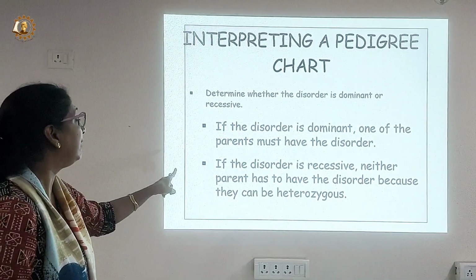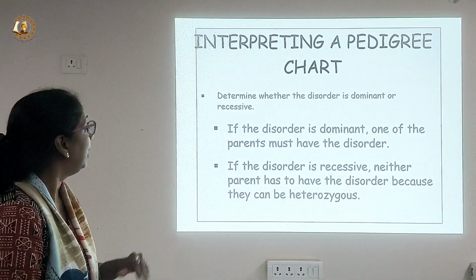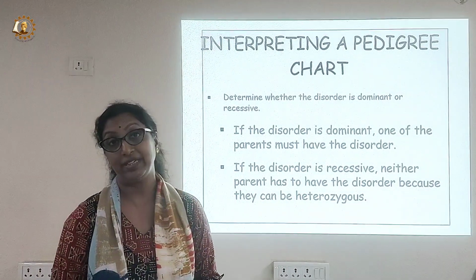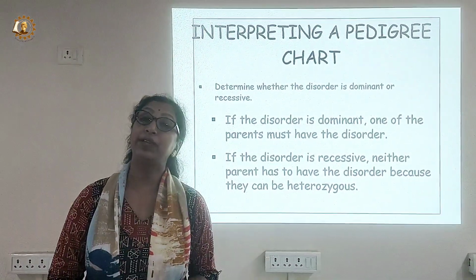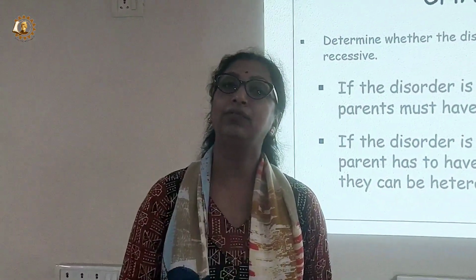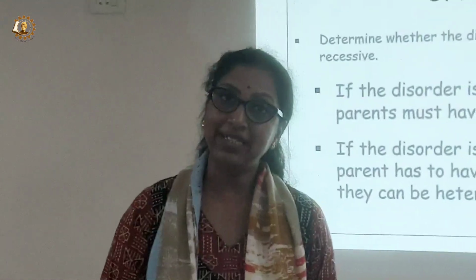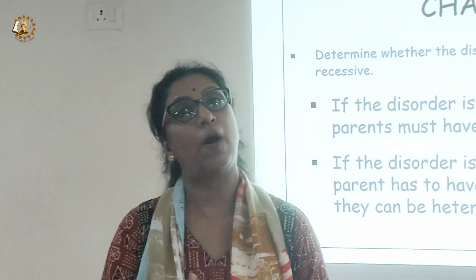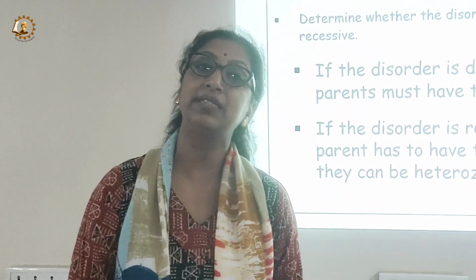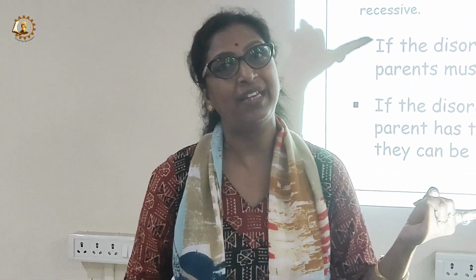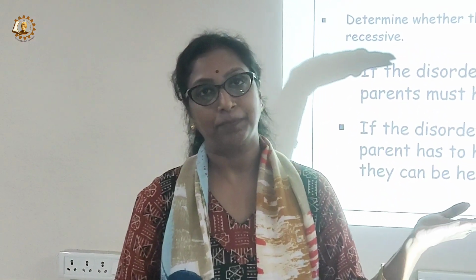And the next one, if the disorder is recessive, neither parent has to have the disorder because they can be heterozygous. In the case of a recessive pedigree, there are two options. Either one of the parents is homozygous recessive, so the offspring will have one recessive allele from that parent and the normal, dominant allele from the other parent.